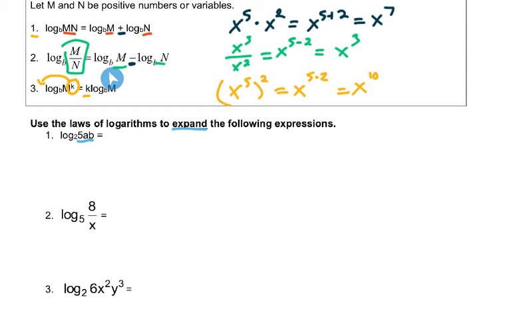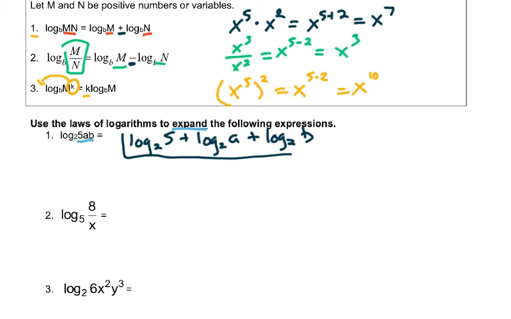Every term that we're multiplying by, we can give it its own log and add them. So I could rewrite this as log base 2 of 5 plus log base 2 of a plus log base 2 of b. And now my log is fully expanded. So this would be my answer.